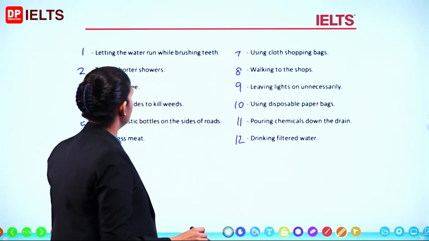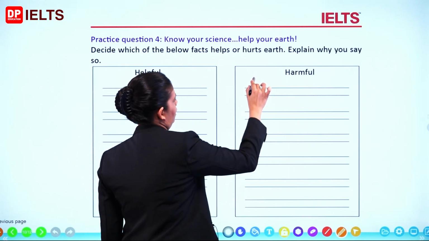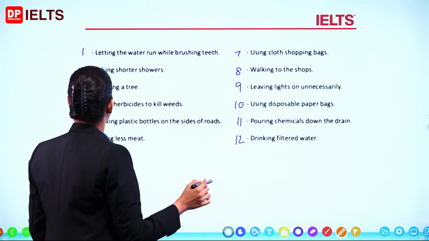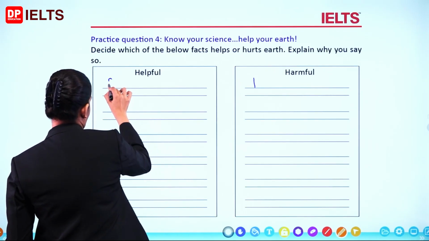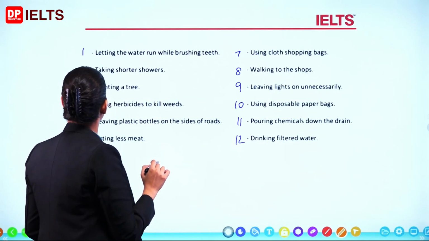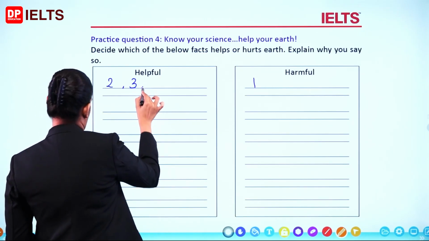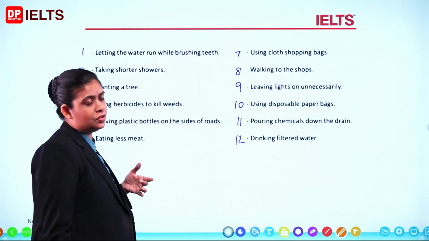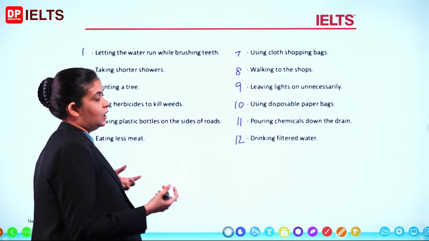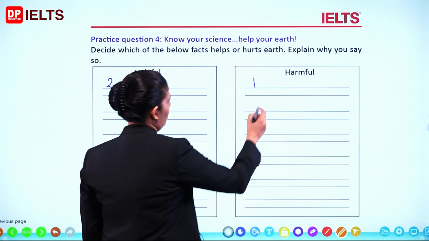Letting the water run while brushing teeth, it's definitely not helpful, harmful. Taking shorter showers, helpful. Planting a tree, helpful. Using herbicides to kill weeds, so that's like pesticides. So no, I don't think that's good. So harmful.